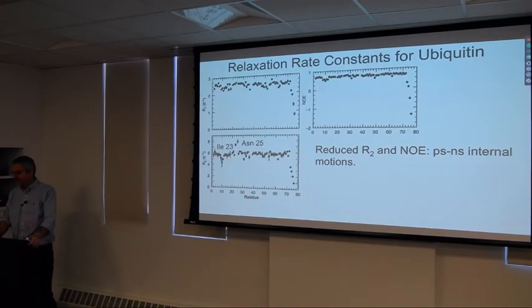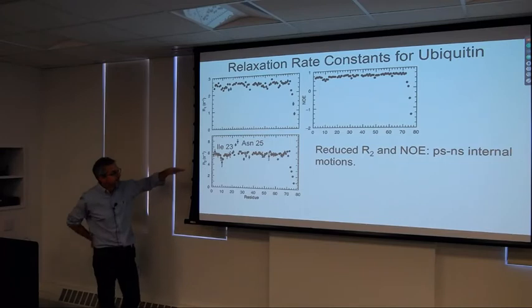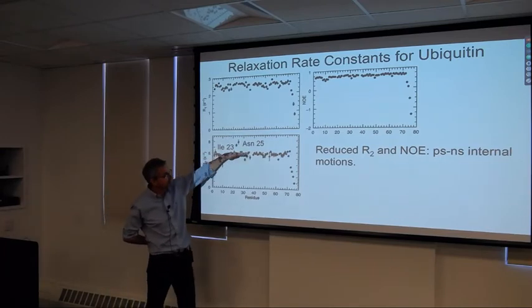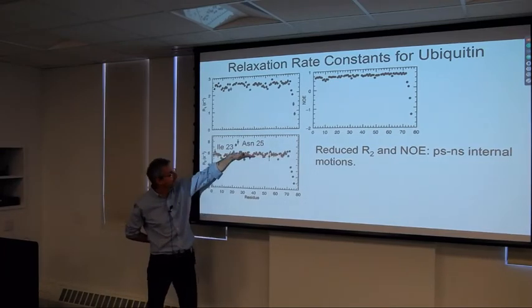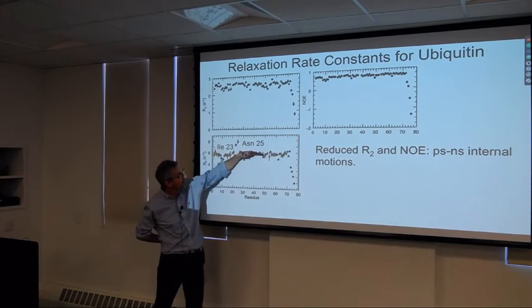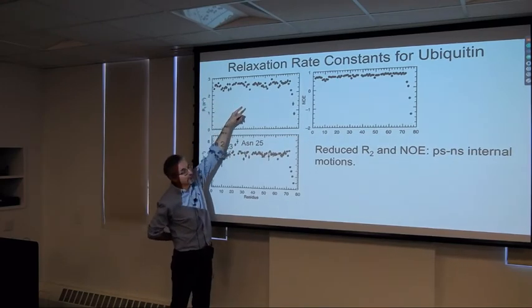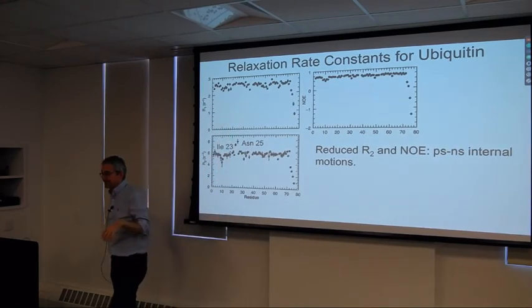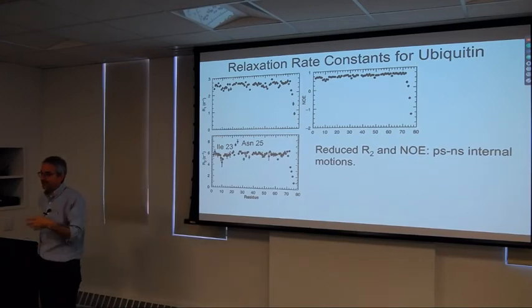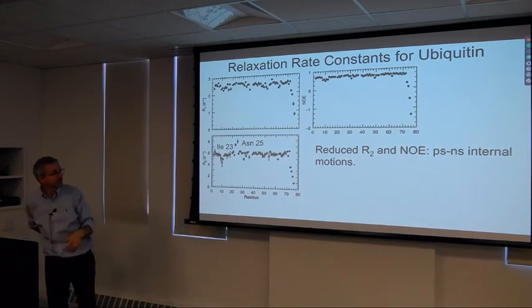And now here's what the data looks like for ubiquitin. This kind of plateau, ubiquitin is a quite well-ordered protein. So this kind of plateau in both R1 and R2 are suggestive of overall tumbling with very limited internal motions.